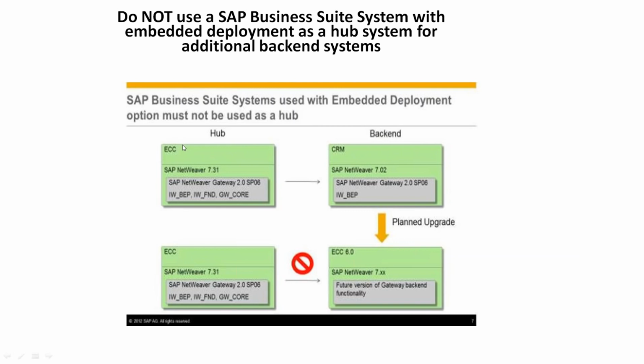So what happens is, let's say you have an ECC system. This is your backend business system. That's where your SAP NetWeaver gateway system is. You cannot use that system as a hub system for other backend business systems. Meaning, you have ECC as your backend business system, where your NetWeaver gateway system sits.